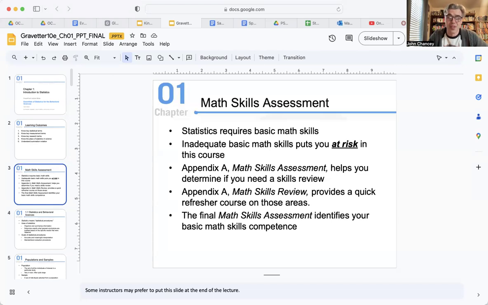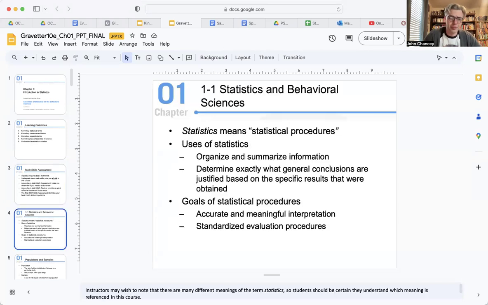There's a math skills review and assessment to figure out where you stand as far as the math skills needed to be successful in the course. It's not to make you feel bad about your math skills. It's meant to show you realistically that these are the skills necessary to be successful in a statistics class.